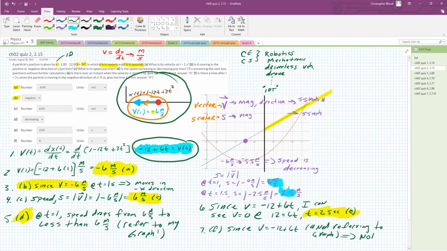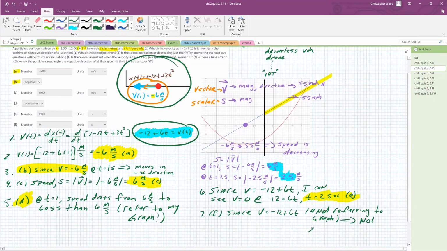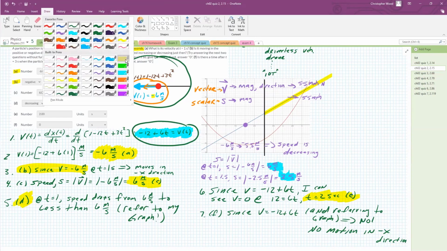No. Particle never moves in the negative direction. No motion ever again in minus x direction. And that's pretty good. So not only am I explaining it, I'm showing a function, I have a visual. So that's pretty sufficient. That's it.